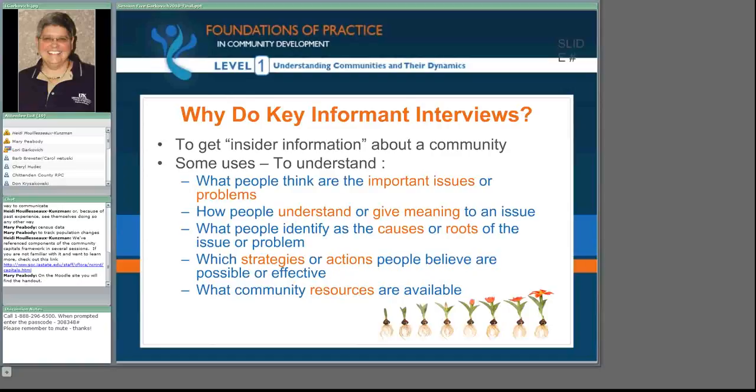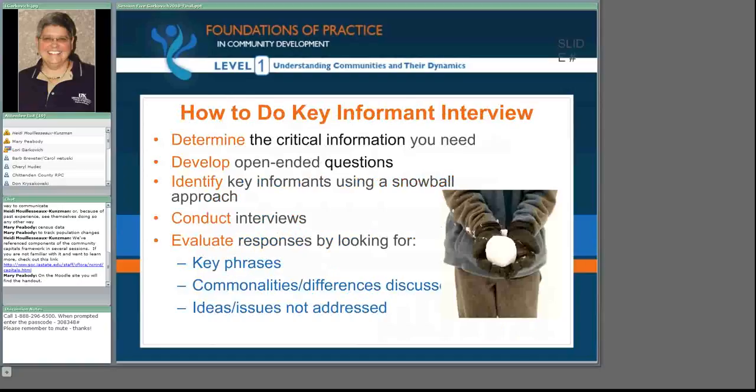To do this, you figure out and be very clear in your mind about what we need to know from these key individuals. Then in key informant interviews, it's absolutely critical that you do not ask yes/no questions. You must pose what are called open-ended questions.